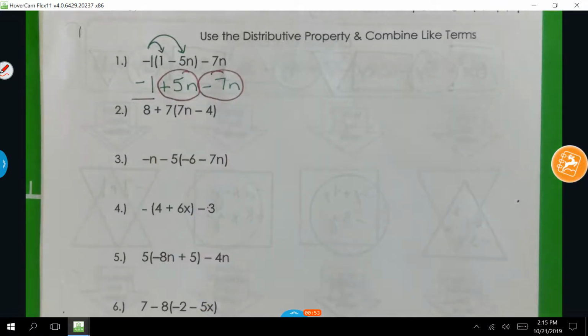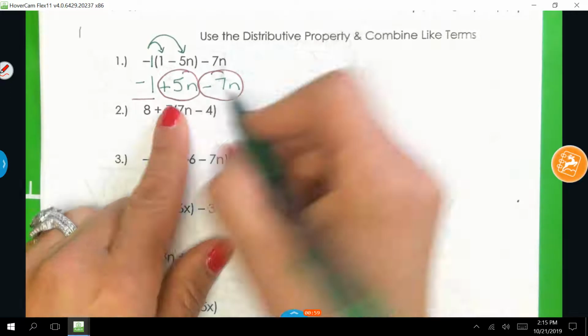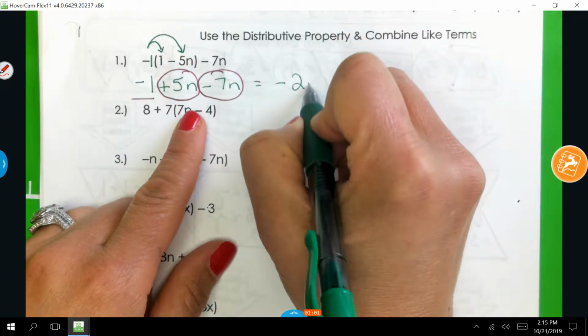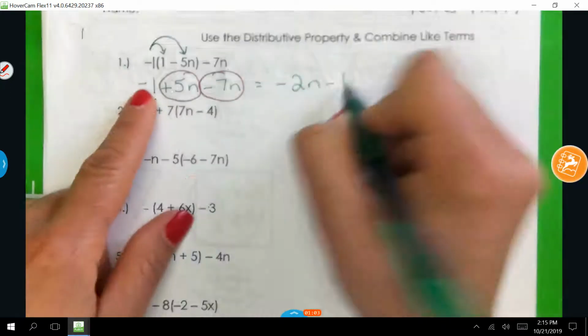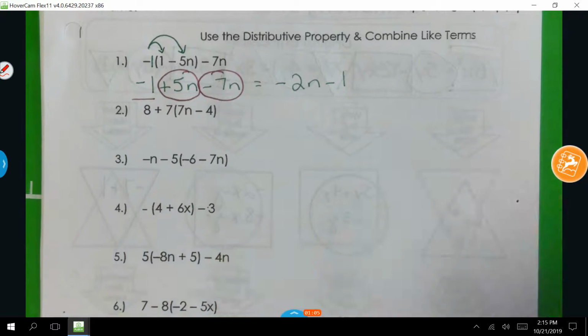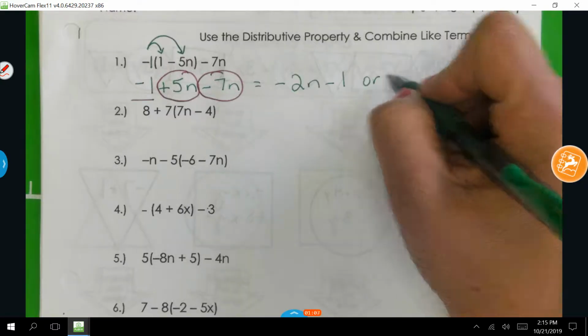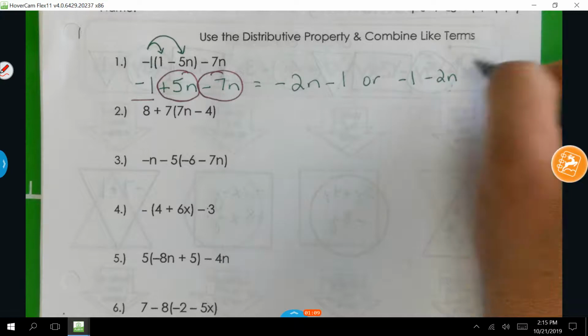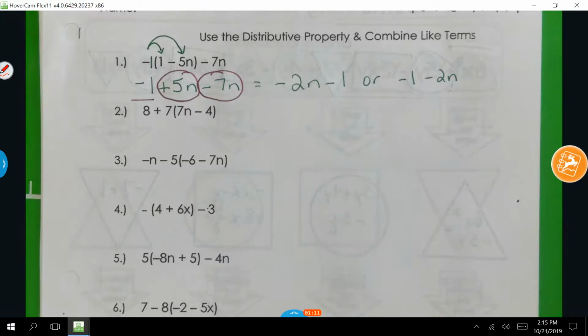Typically, yes. Typically, you put the variable term first and then the constant at the end. So Christian just said this is a negative 2n, and then that was a minus 1. Now, if you put this, same thing. But you're going to learn, especially in the worksheet for today, in math, there's a certain order that things go in.